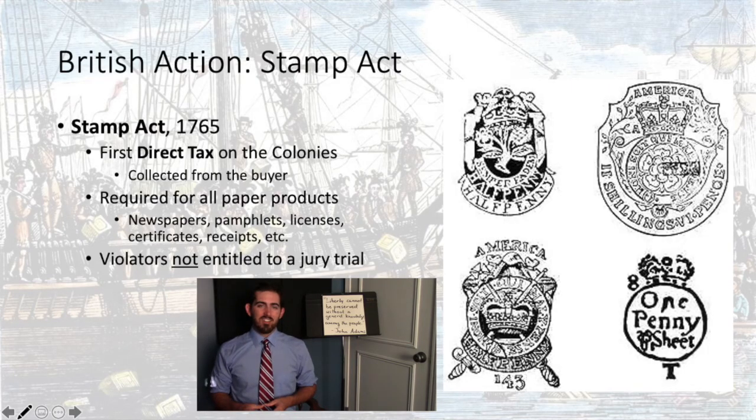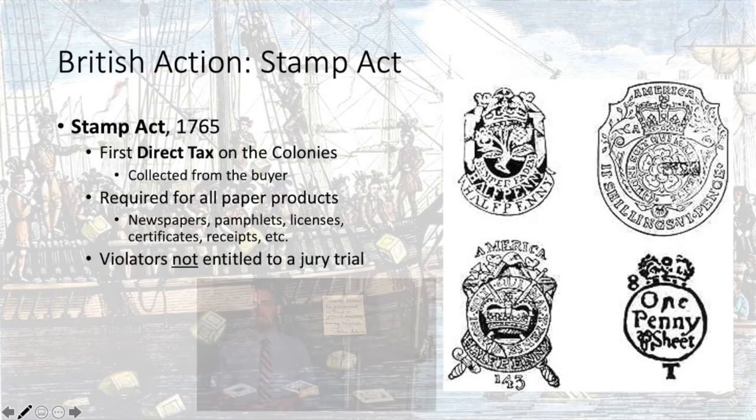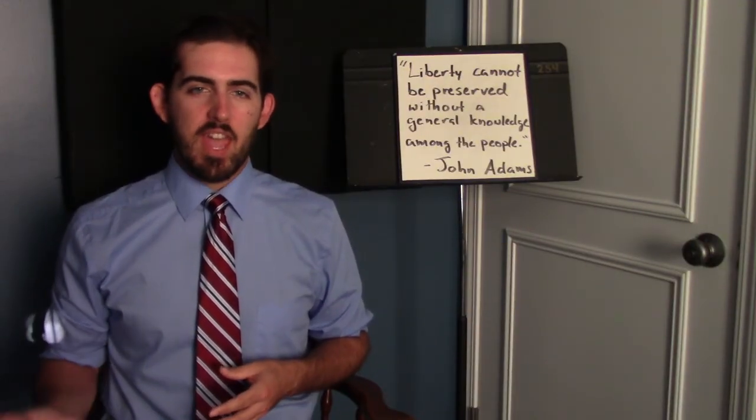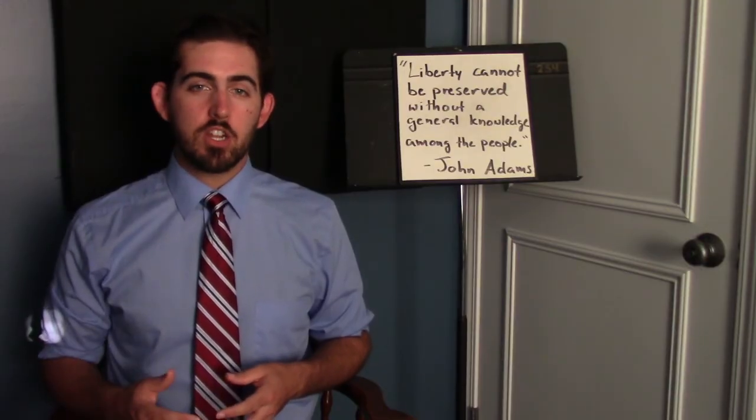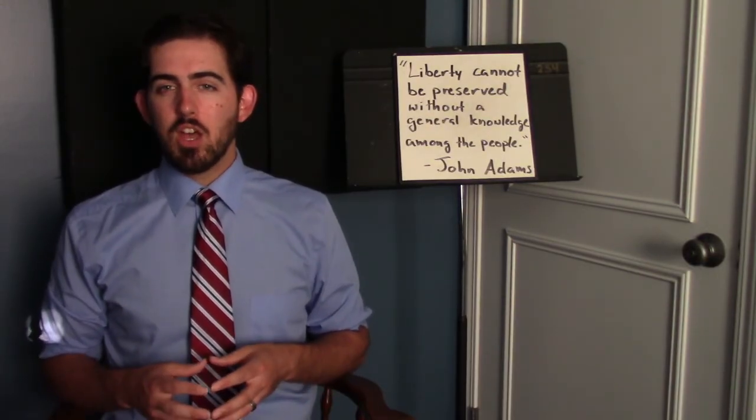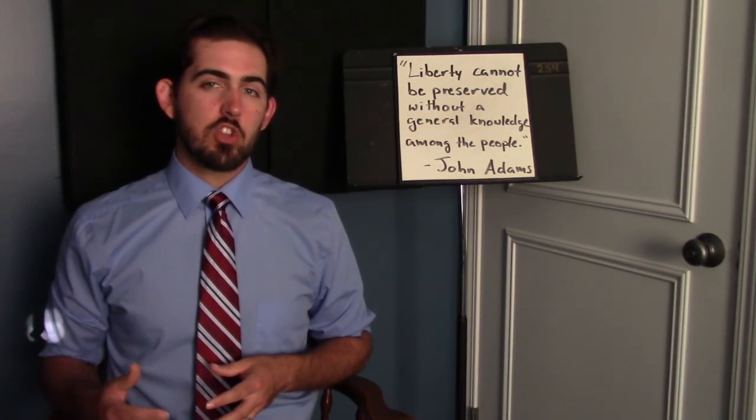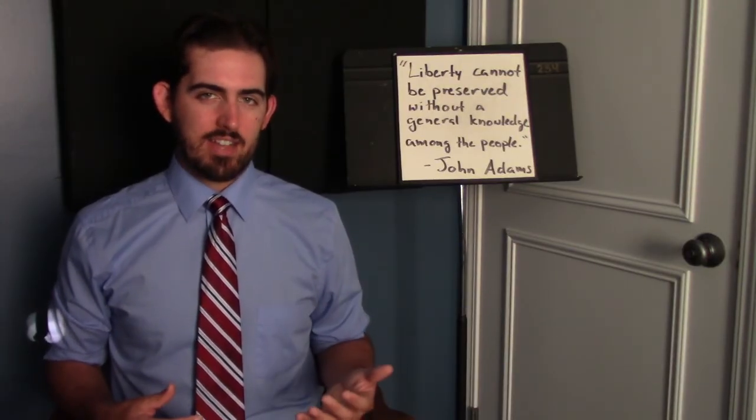Unlike today, the world in the 18th century ran on paper. So this tax affected nearly everyone, and it engendered lots of opposition in the colonies. In order to understand why the Stamp Act represented a turning point in colonial feelings toward the British, we need to discuss the difference between direct and indirect taxes.